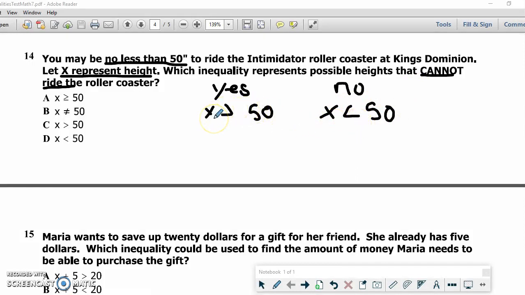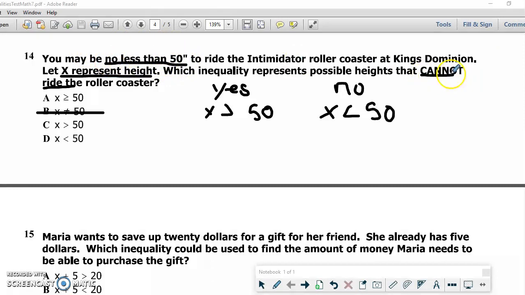So let's look over our answer choices and let's do some elimination. So X says not equal to 50 inches. We're not dealing with not equal to, so that won't be our answer choice. Look at A. It says X is greater than or equal to 50 inches. But if you're greater than or equal to 50 inches, you fall in this no less than category, so you can ride it.